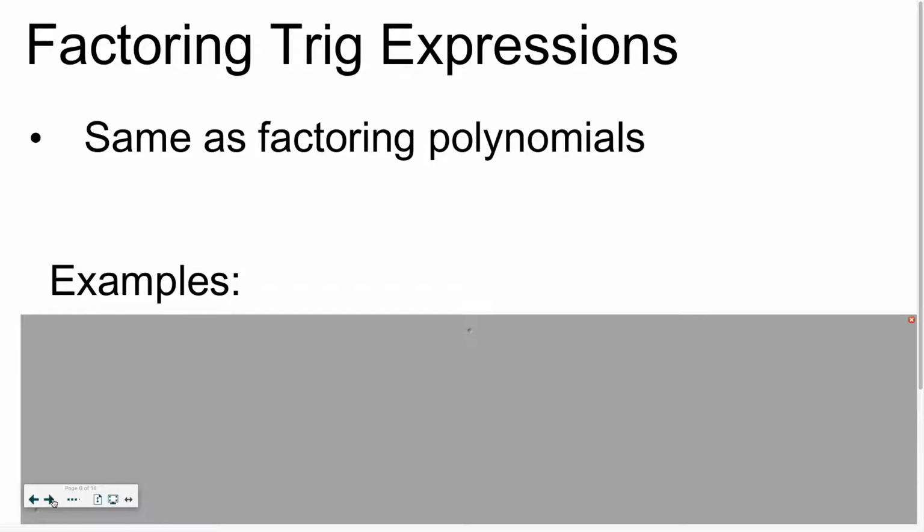So if you could factor polynomials from Algebra 1, then you can factor trig expressions. What's different is instead of having things like x squared and x, you might have a sine squared x and a regular sine x. So then you're like, oh, maybe I could factor out a sine. Or maybe it's a trinomial, so I could factor that.